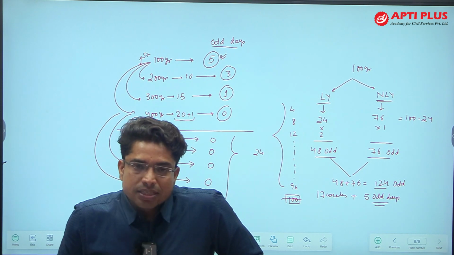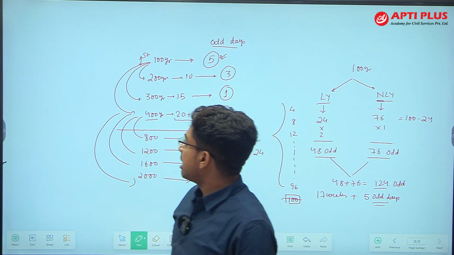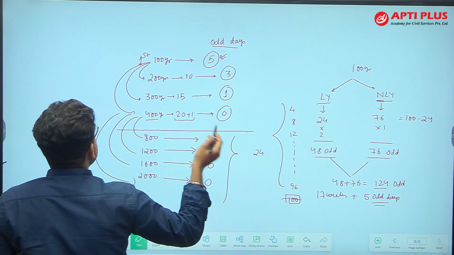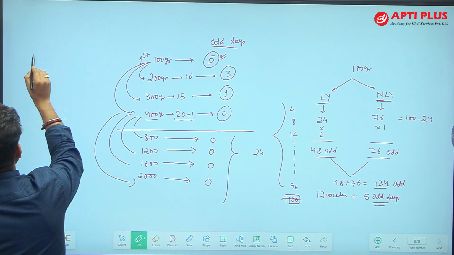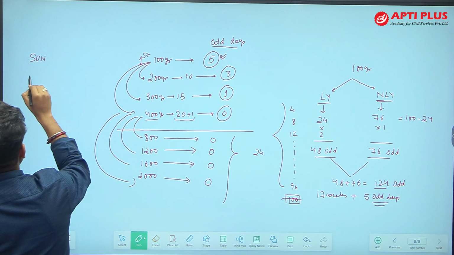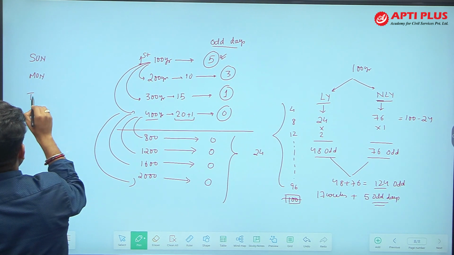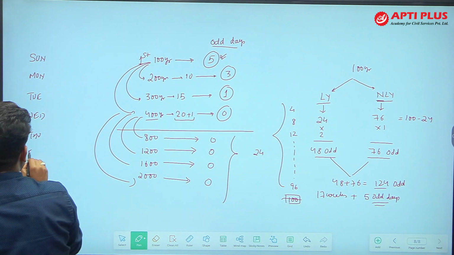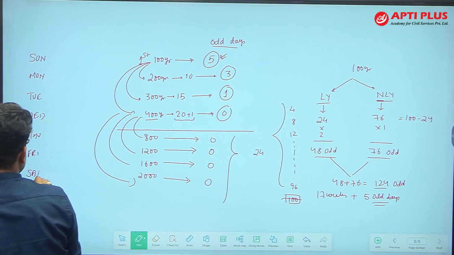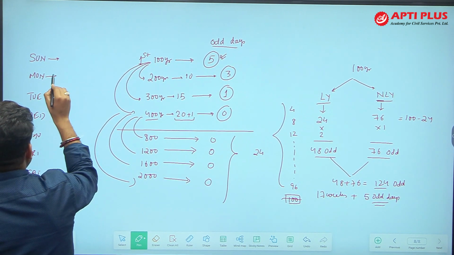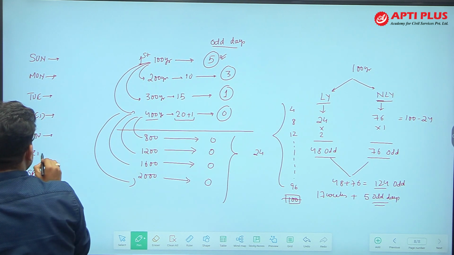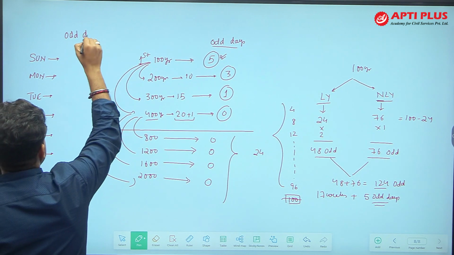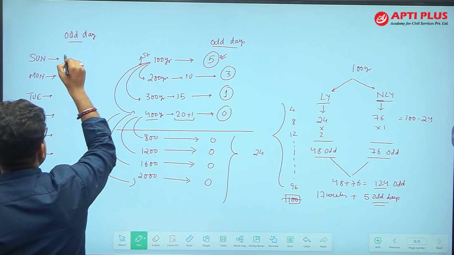So having understood this, we'll move ahead and see one more assumption. As I started the topic by saying that there were assumptions taken. So the days of the week were named Sunday, Monday, Tuesday, Wednesday, Thursday, Friday and Saturday. Now for counting purpose, Sunday was taken as a reference day and the odd day value assigned to Sunday was taken as 0.